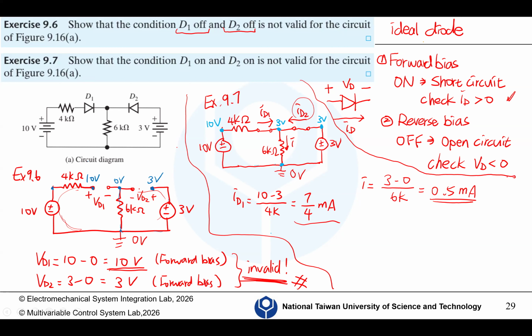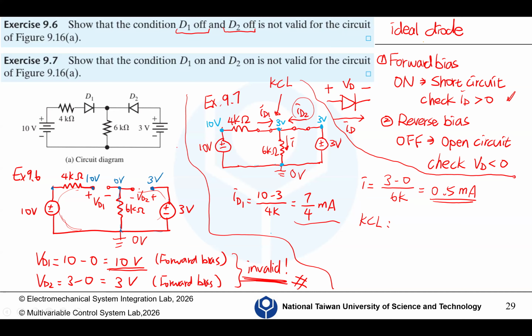So how can we solve ID2? Yes, by KCL, right? So we just apply KCL at this node. KCL tells us the summation of the current flowing into a node equals the summation of the current flowing out from that node.